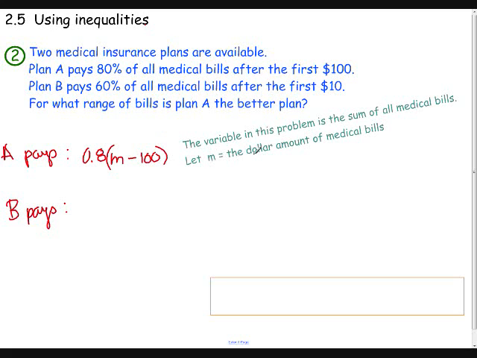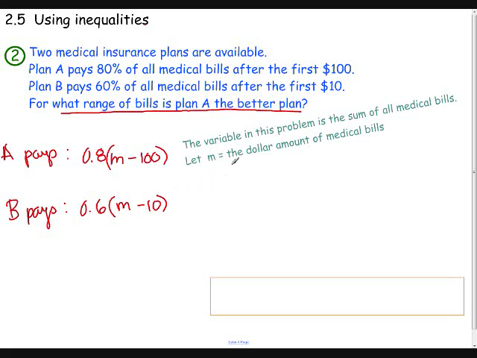We're going to let M equal the dollar amount of all my medical bills. And it's not going to pay the 80% of that first 100, so I better subtract that out. And B is going to pay 60% of my medical bills after I have paid the first 10. The question is, for what range of bills is A the better plan?